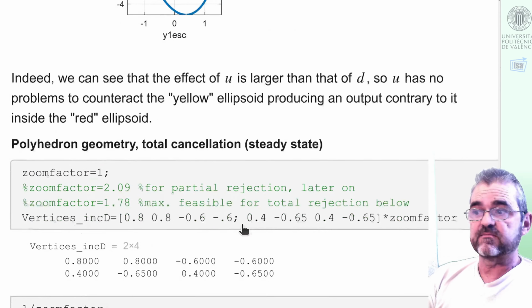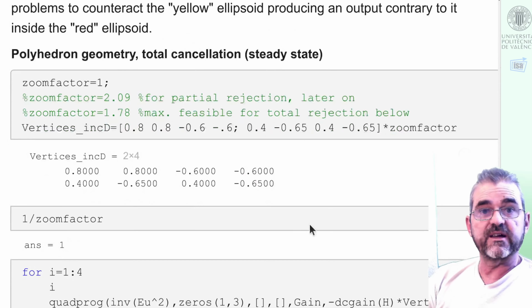Back to zoom factor 1, we can superimpose in scaled units the ellipses and the polyhedra to compare. I am not detailing all this code because it would take me too long and make this video even more boring than it maybe is.